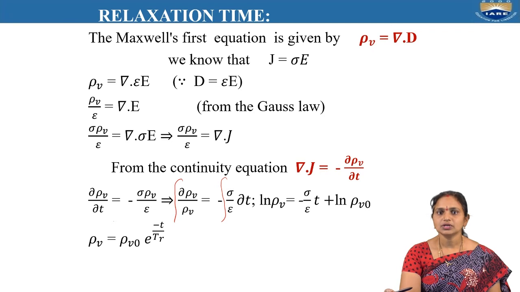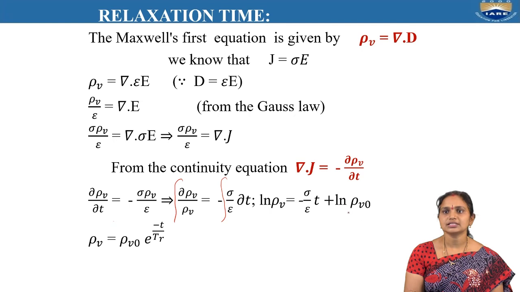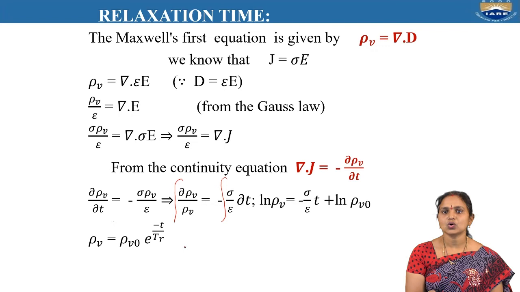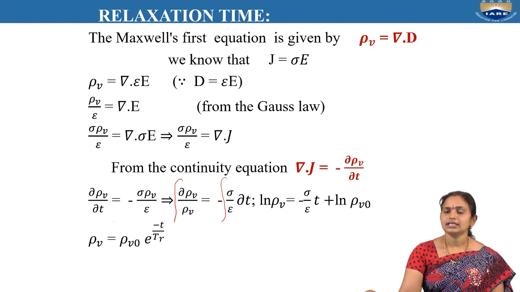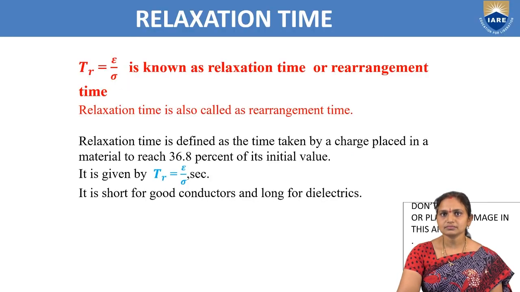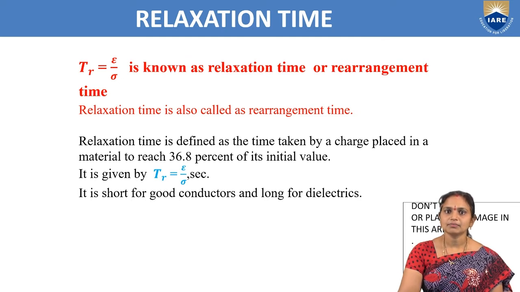That constant term is also in terms of the initial volume charge, that is log of rho_v naught. Finally, after applying the anti-logarithm, we get rho_v as rho_v naught into e to the power of minus t by t_r, where t_r is the symbol used to represent relaxation time. And this t_r is the ratio of epsilon to sigma, which is the permittivity to conductivity ratio.